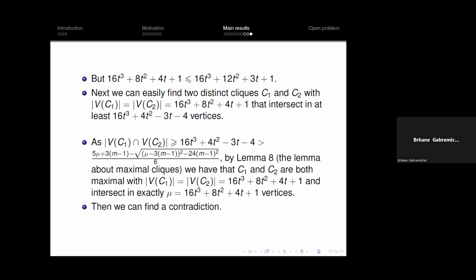So we have that C1 and C2 are both maximal with order 16t³ + 8t² + 4t + 1, and they intersect in exactly μ vertices. Then after that, we can show that this is not possible. First, we have to show we don't have a quadrangle in the graph which contains these two cliques. After that, it's easy to show this case does not exist.